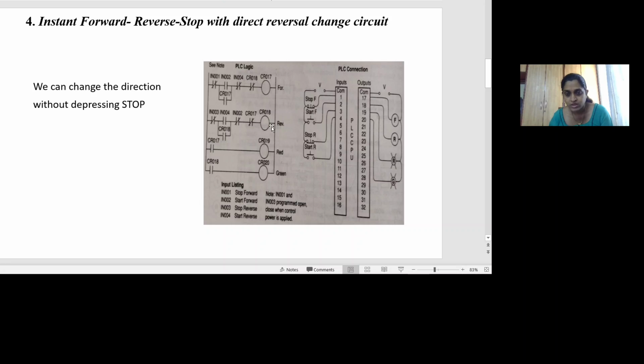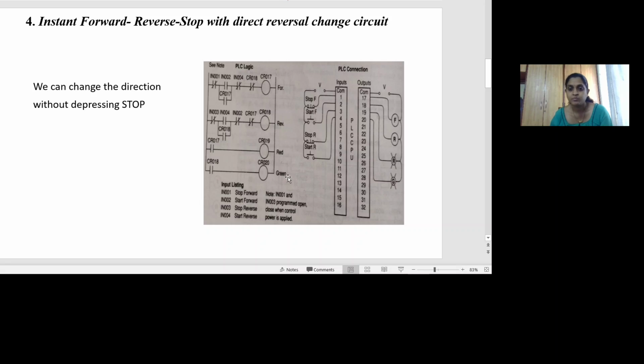When it is running in the reverse direction, the output of this coil is 1, and this will energize the contact CR18 in the fourth rung. Thereby, you are energizing the coil CR20, and a green light will be turned on because it is connected to the output of CR20. So a green light indicates that the motor is running in the reverse direction.